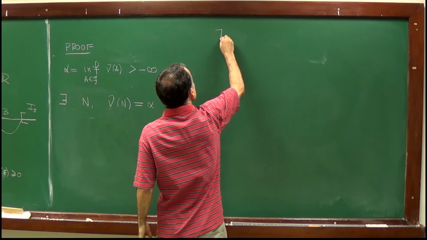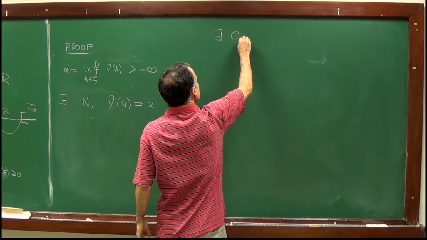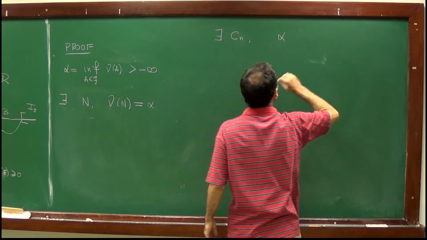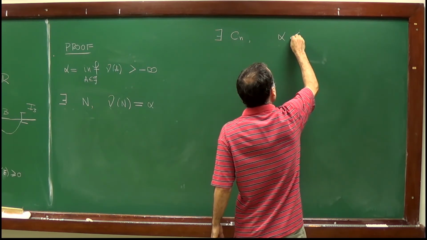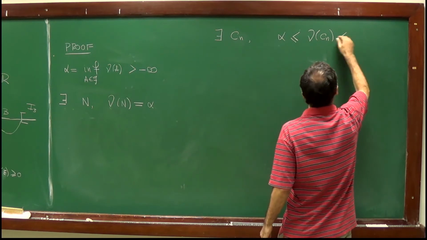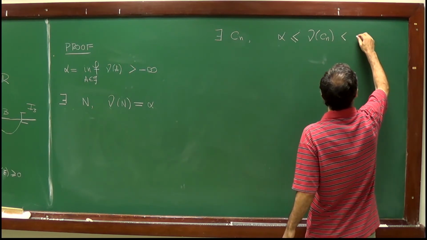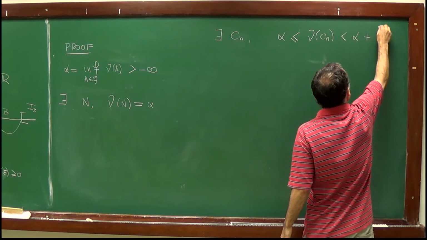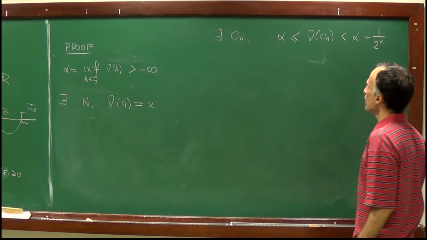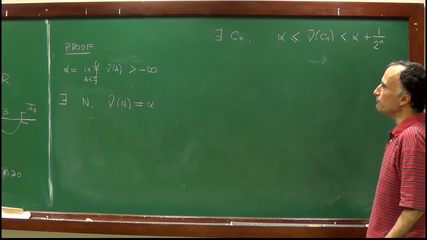So there exists a set Cn such that, well, alpha is the infimum, so nu of Cn is almost equal to the infimum. It's less than or equal to the infimum plus 1 over 2 to the n. Okay, we can always find this set Cn by definition of the infimum.